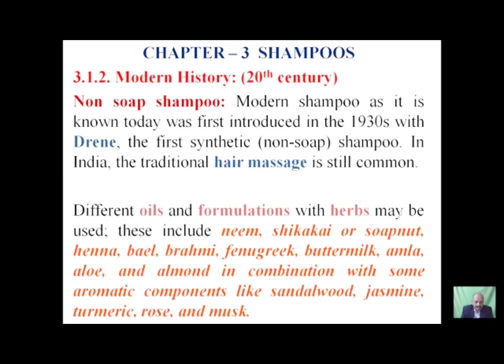These include neem, shikakai or soap nut, henna, bael, brahmi, fenugreek, buttermilk, amla, aloe, and almond in combination with some aromatic components like sandalwood, jasmine, turmeric, rose, and musk. So these are all used as formulations with herbs that can be called non-soap shampoo, used in the 20th century as recorded in the modern history.